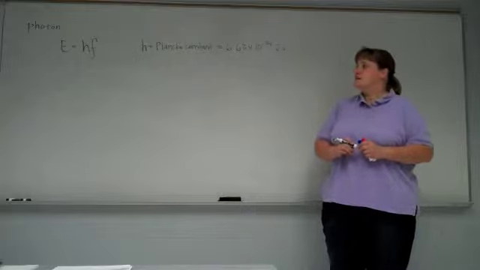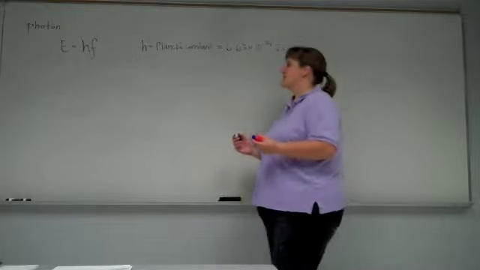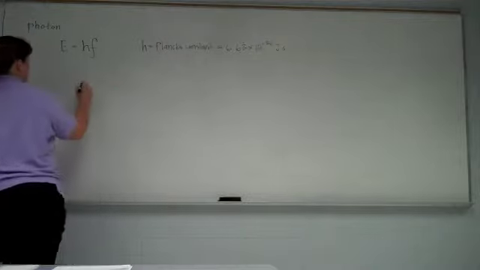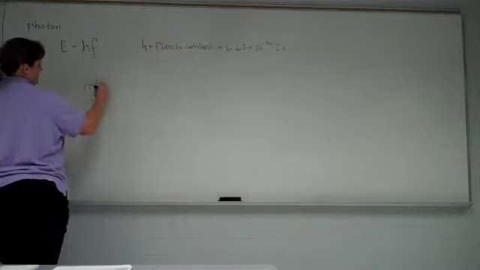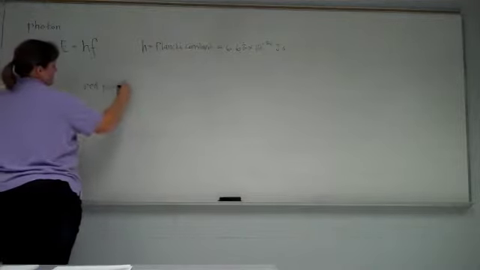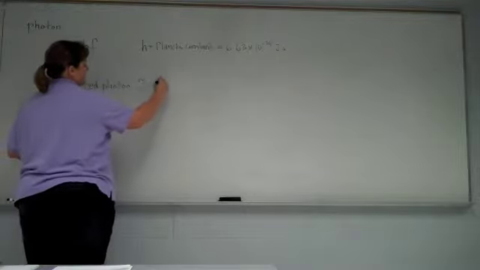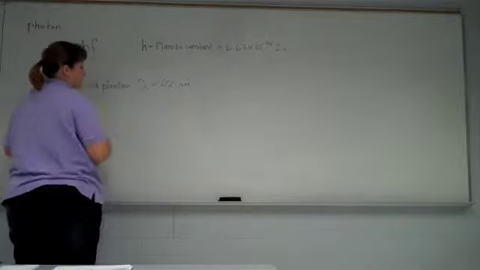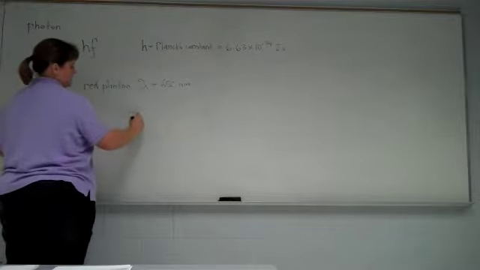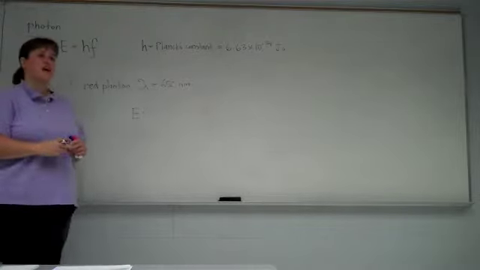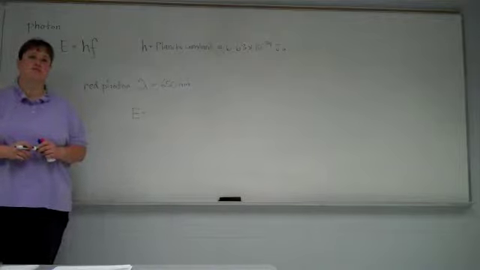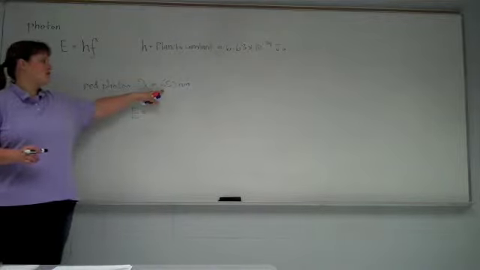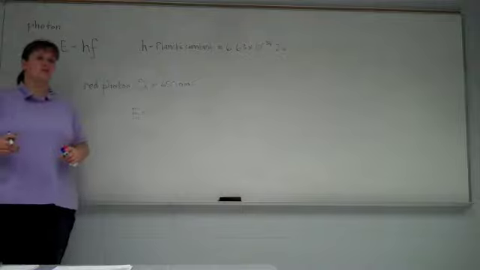So the energy, for example, let's say we had a red photon whose wavelength was 650 nanometers. Let's find its energy. So the energy of a red photon. How do we go from wavelength to frequency?